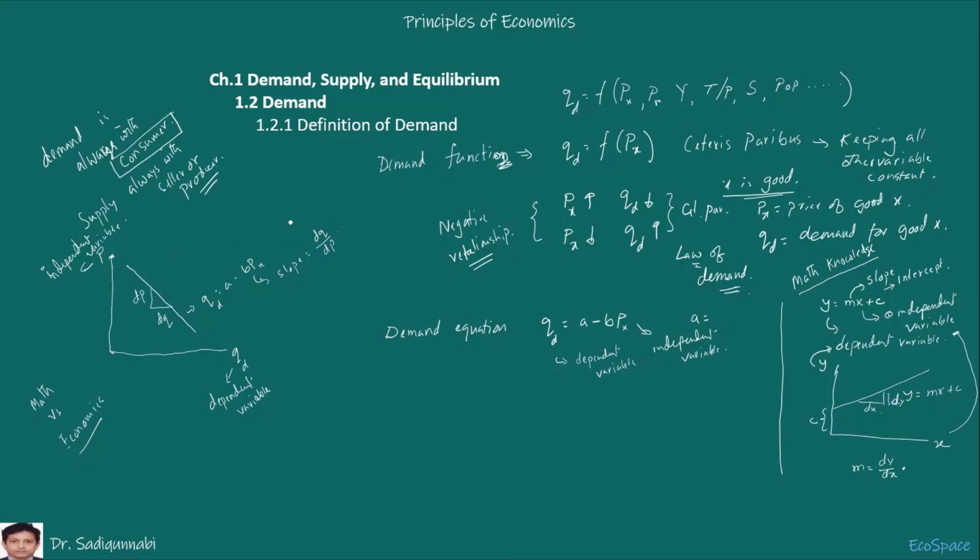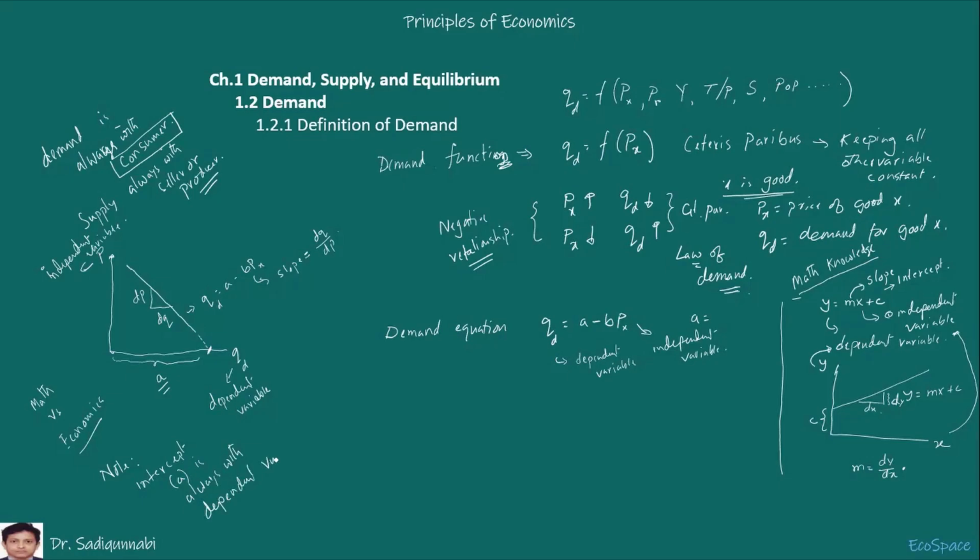Now tell me, where is A? In economics, where do you find A? You can find A when you extend this, so that much is A. Why is that much A? Because you need to know the intercept. That means A is always with the dependent variable axis.